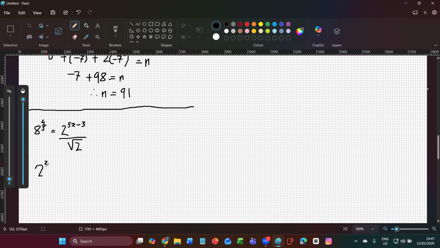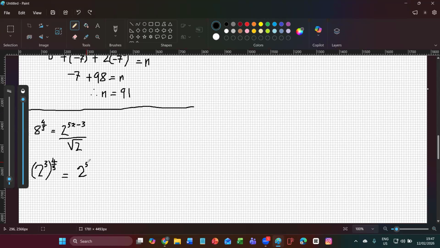I can just put two raised to the power of three in place of eight and still write my four over three there as the power, because I'm about to apply some laws of indices. And then on this other side, I'm not going to move too fast with this, even though I could have chosen to do so. But let's just see how everything will solve itself out.